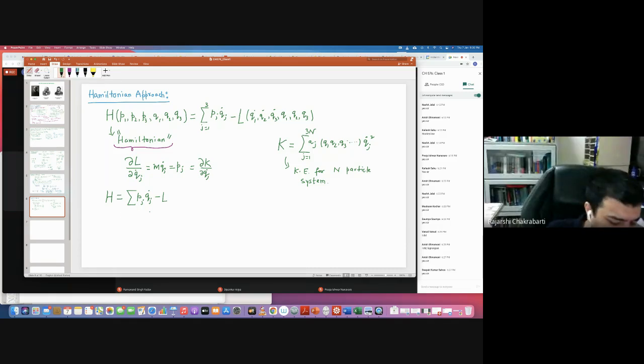So this is H. If I calculate del K del qj dot from here, what is the answer? The answer is going to be Aj into 2 into qj dot. Is this clear?